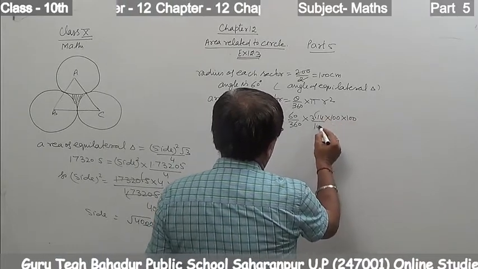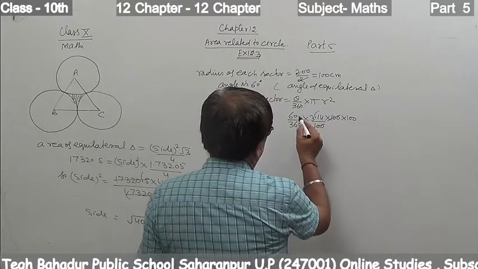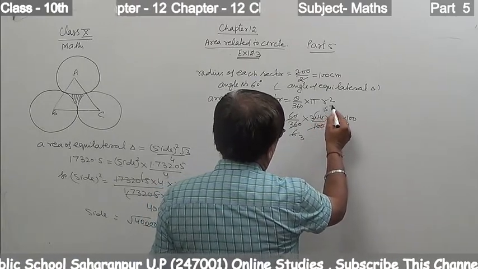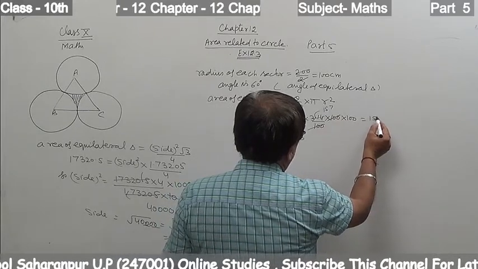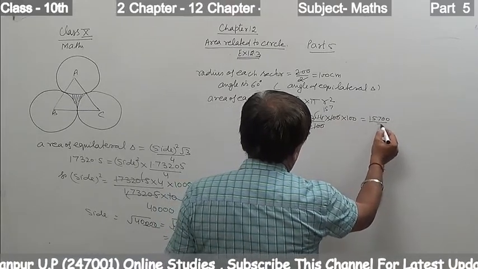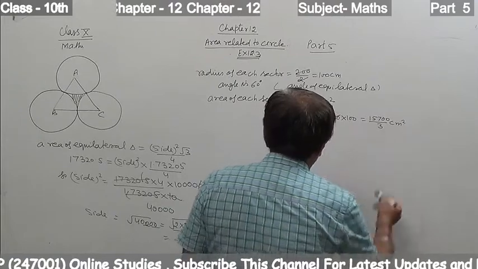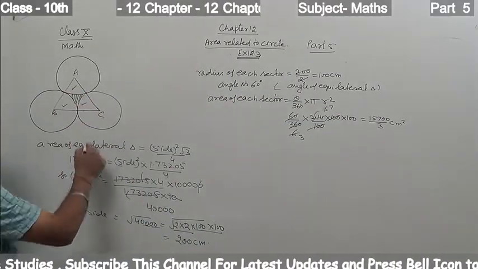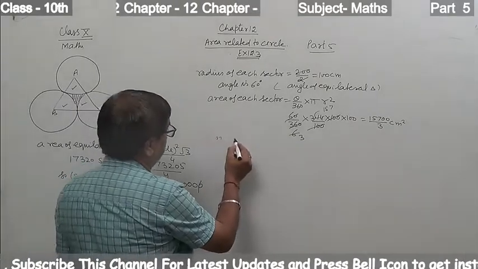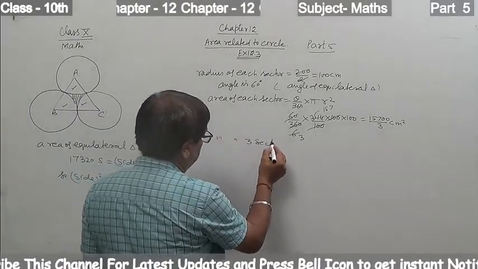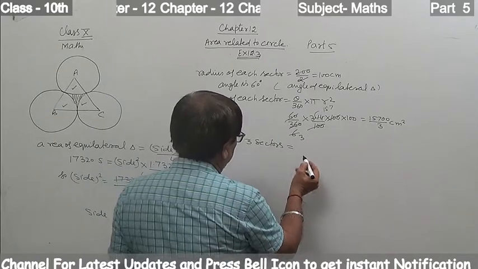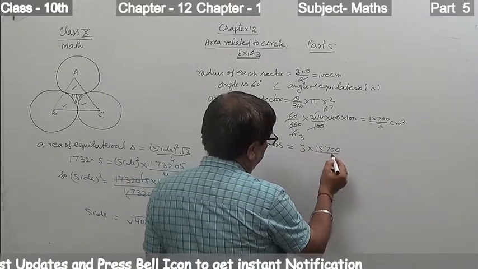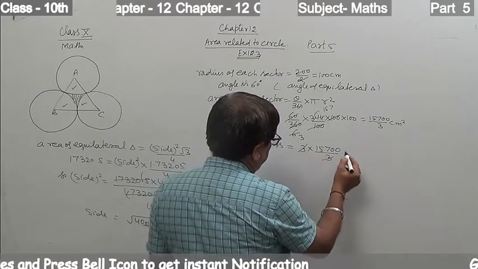This removes it, put 100, this cancels it, 2 3s are 6, 2 157s are 314, 15700 upon 3 centimeter square. There are 3 sectors, so area of 3 sectors is 3 into 15700 upon 3. So it cancels.